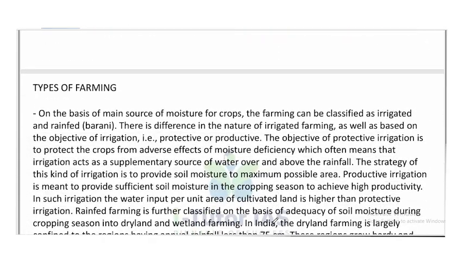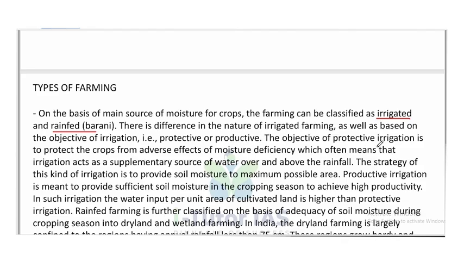Now, types of farming. What are the types of farming? On the basis of the main source of moisture for crops, farming can be classified as irrigated and rain-fed. There is a difference in the nature of irrigation and farming, as well as based on the objective of irrigation, that is protective or productive.